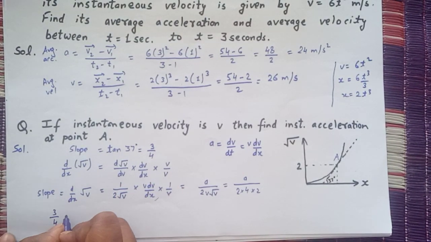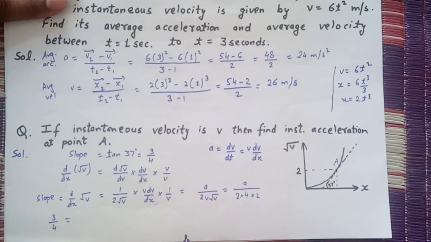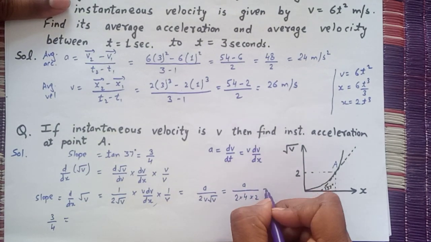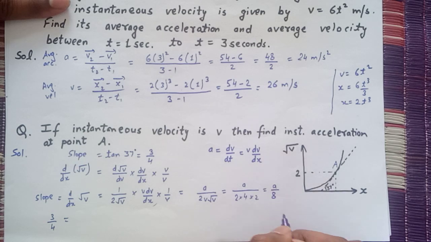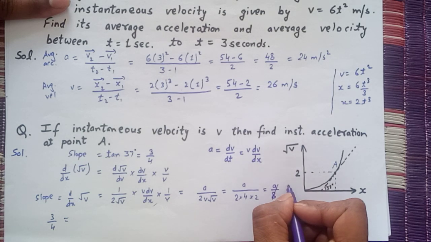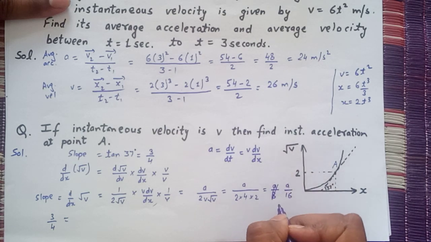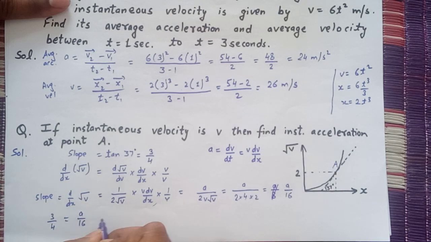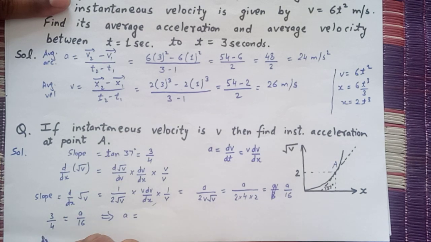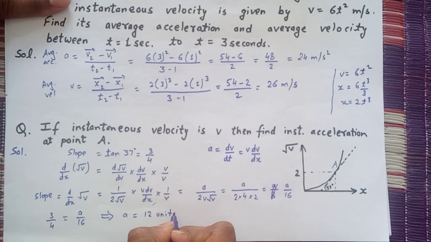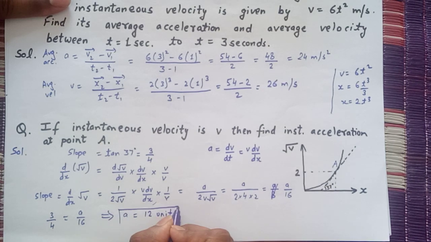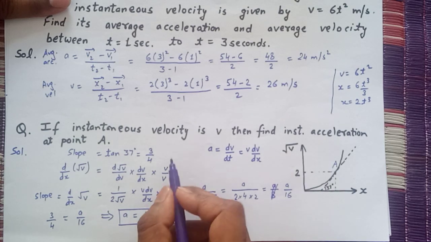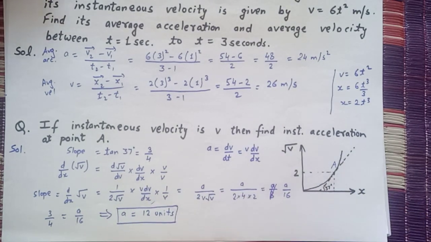Putting here 3 by 4 is equals to, this will become a by 8. Sorry, it is a by 16. A by 16. Hence, cross multiplying it, I will get a is equals to 16 3s are 48, 48 by 4, 12 units. So this is the final answer for the instantaneous acceleration at point A.